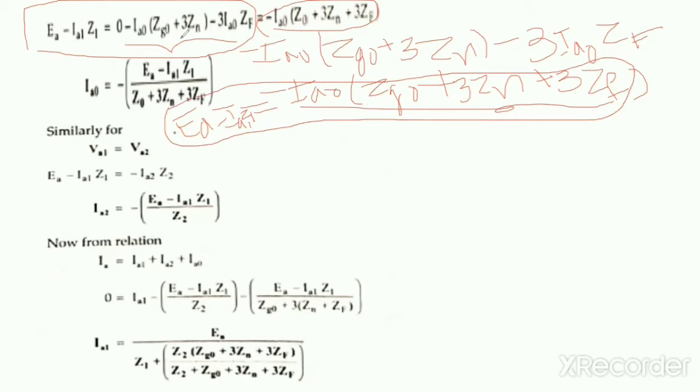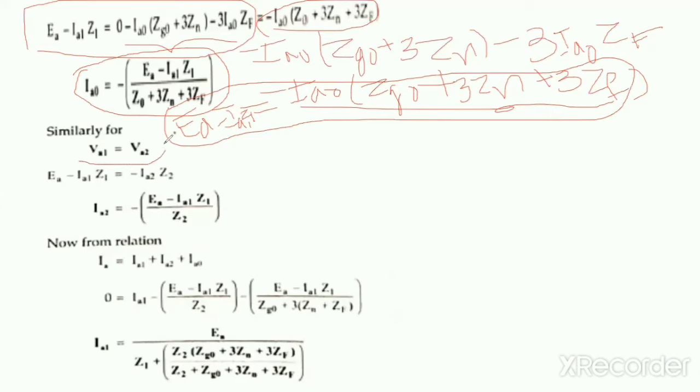From this equation, we write down the formula for IA0. Understand? Therefore, IA0 is equal to minus of EA minus IA1 Z1 by Z0 plus 3ZN plus 3ZF.